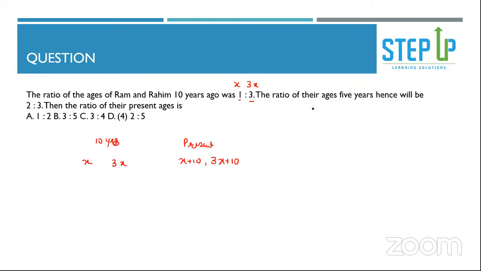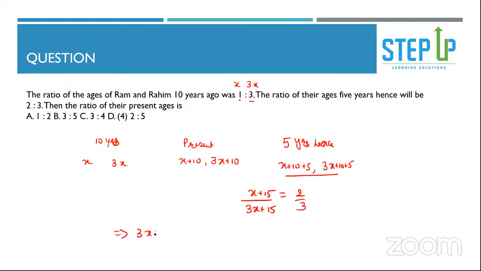And the ratio of their ages 5 years hence: 5 years hence will be X plus 15 overall, X plus 10 plus 5, and 3X plus 10 plus 5. So this ratio, X plus 15 to 3X plus 15, is equal to 2 by 3. So just solve this.